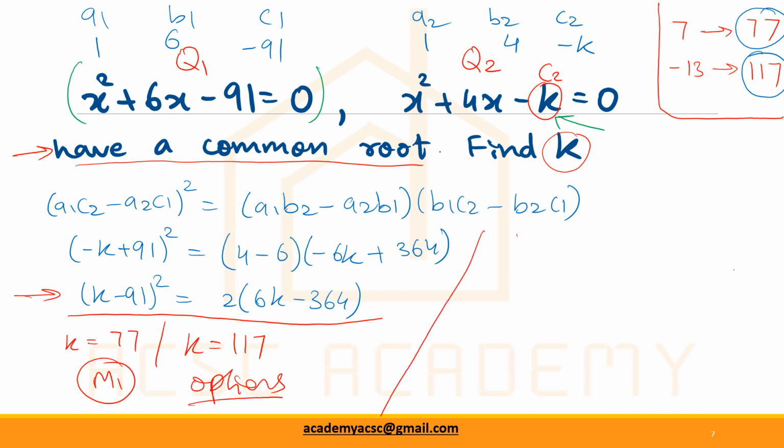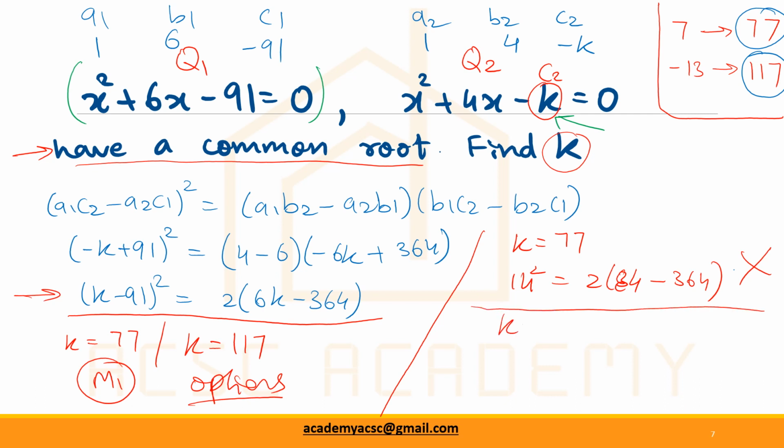When you substitute K equal to 77, then you will be getting 77 minus 91, which means 14 squared equal to 2 times 84 minus 364. Now this looks definitely incorrect because left side is positive and right side is negative. So this is definitely not the correct one, which means we will be having K equal to 117.